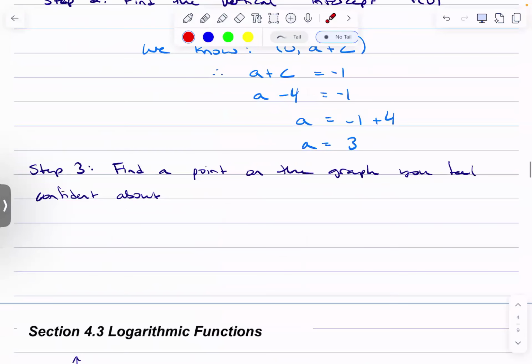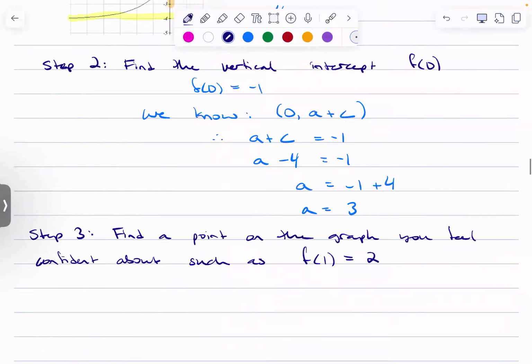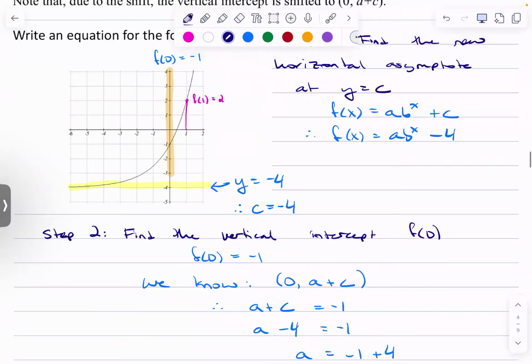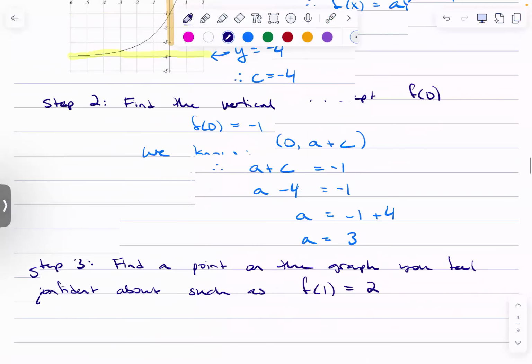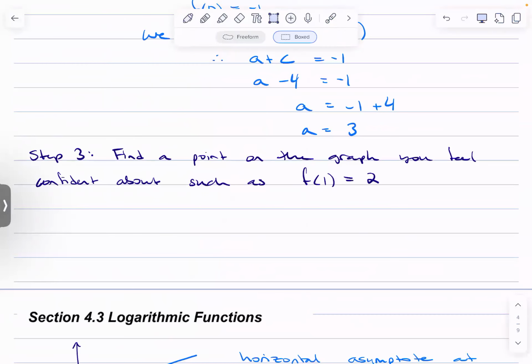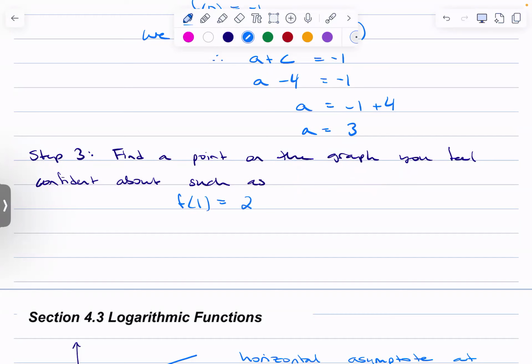So, such as f of 1 is equal to 2. Such as, I'll do it in light blue. f of 1 is equal to 2.